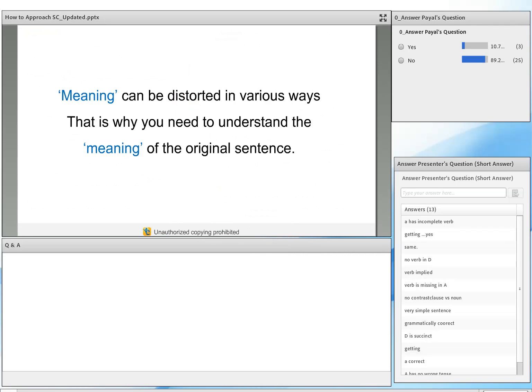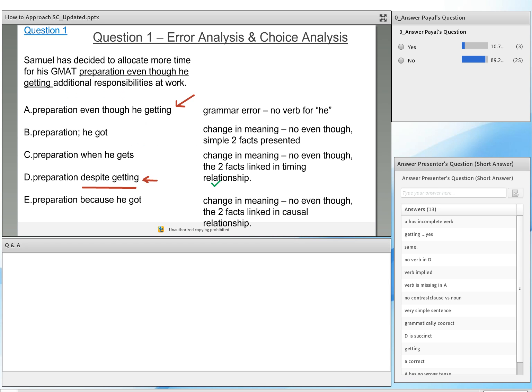So overall, first of all, meaning can be distorted in various ways. In this simple sentence, meaning got distorted by removing the entire contrast, by adding a nonsensical timing relationship, and by adding a nonsensical causal relationship.